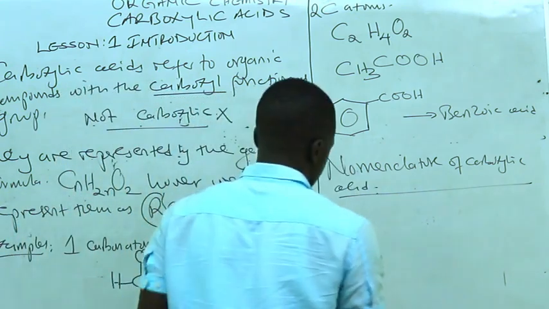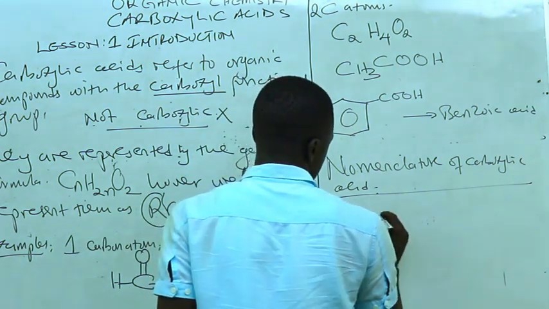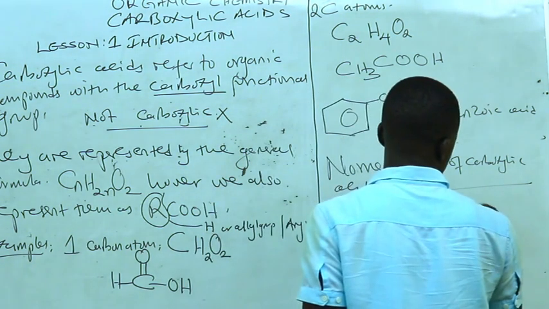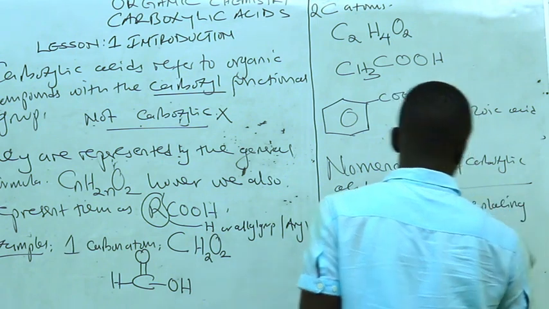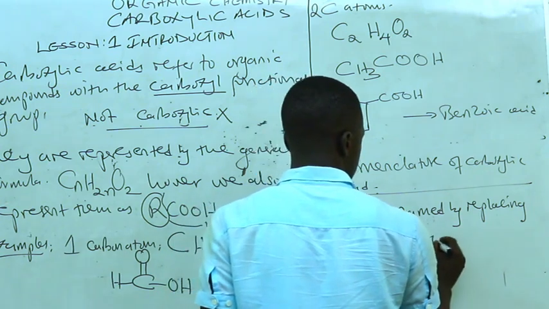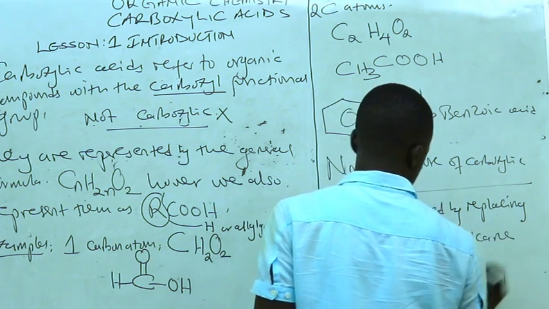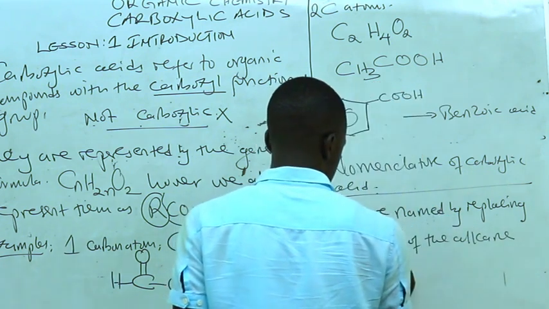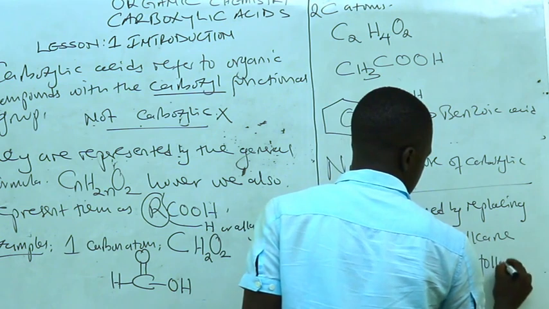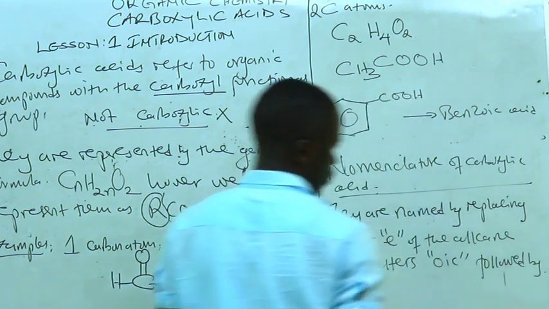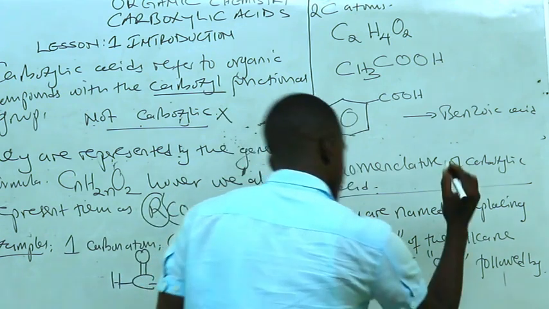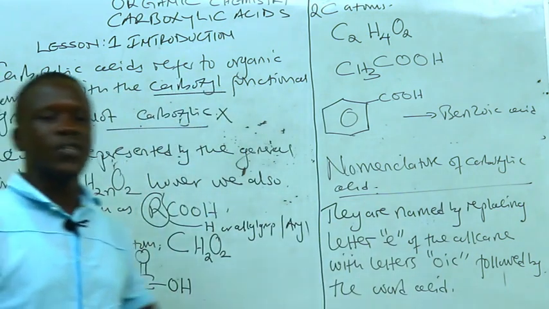So we say that they are named by replacing the letter E of the alkane with the letters OIC, followed by the word acid, to make what we call carboxylic acids.